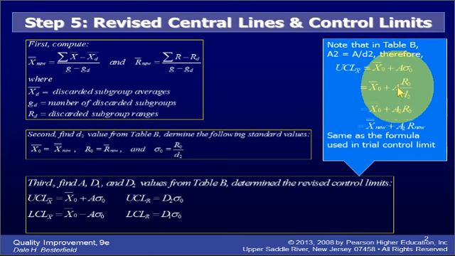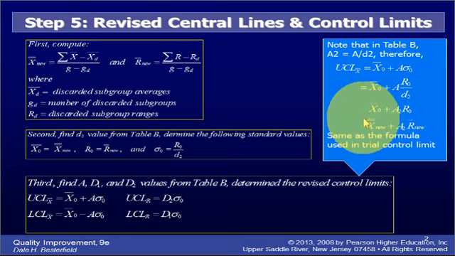So you can replace this A divided by D2 with A2. And therefore you can see that the upper control limit for Xbar in this revised central line is just the same as the updated X double bar plus the A2 times the updated R bar.